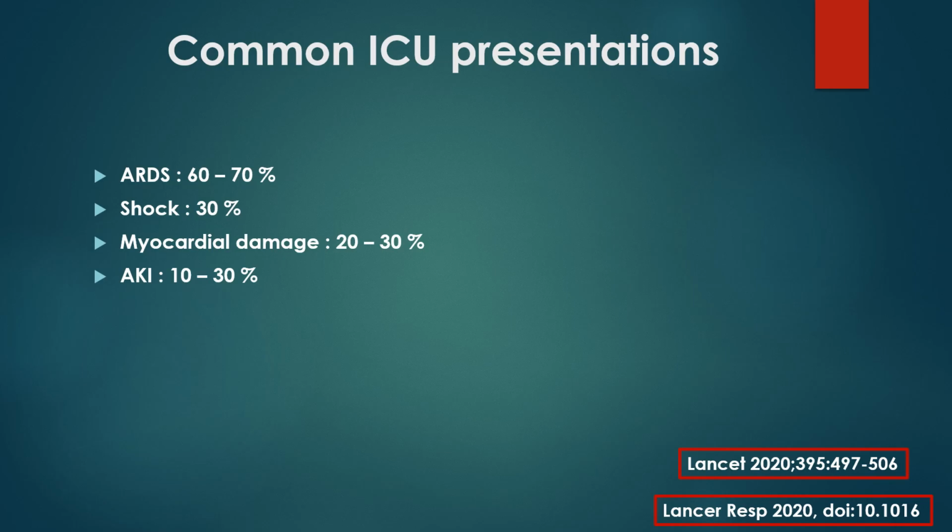What I want to say is that the evidence so far shows that shock or hemodynamic instability can be present in around 30% of patients. They may present with hemodynamic instability at the time of presentation or during their course in ICU.